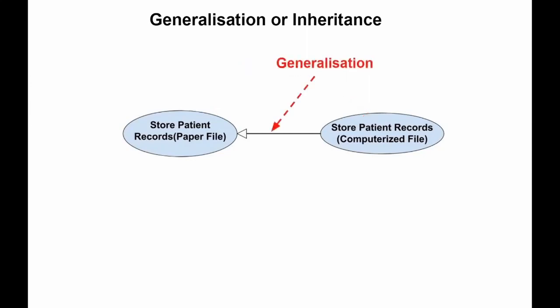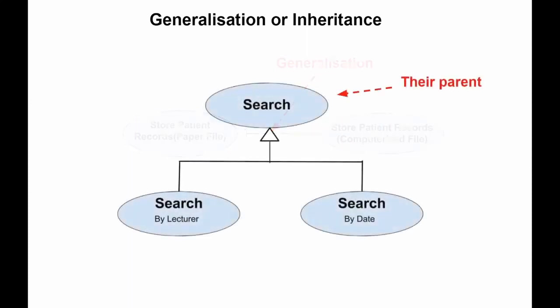Generalization is depicted by a solid line with a triangular arrowhead pointing at the parent use case. In this type of relationship, the child use case inherits the behavior and semantic component from the parent use case. A child use case may add or override the behavior of its parent. In this example, the parent use case search has two children, search by lecturer and search by date.